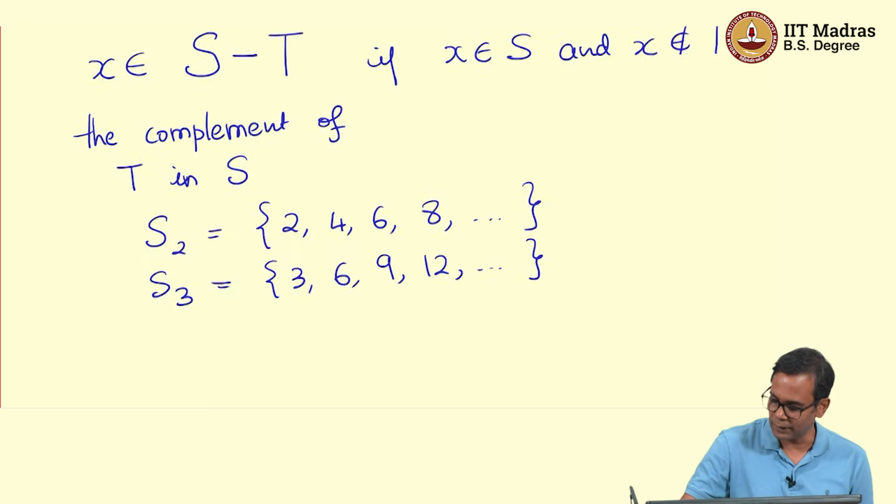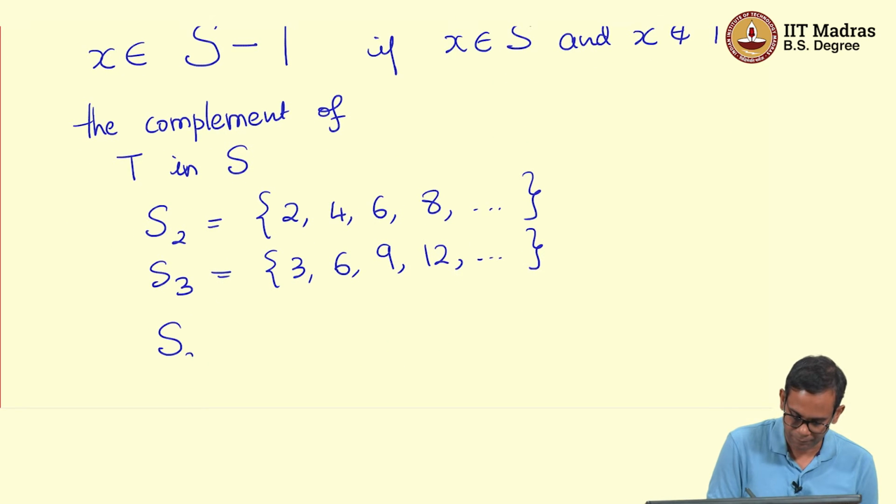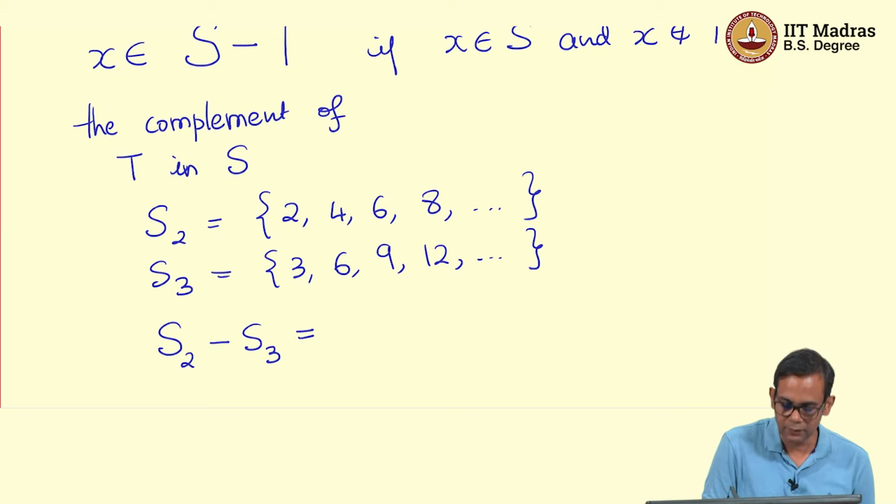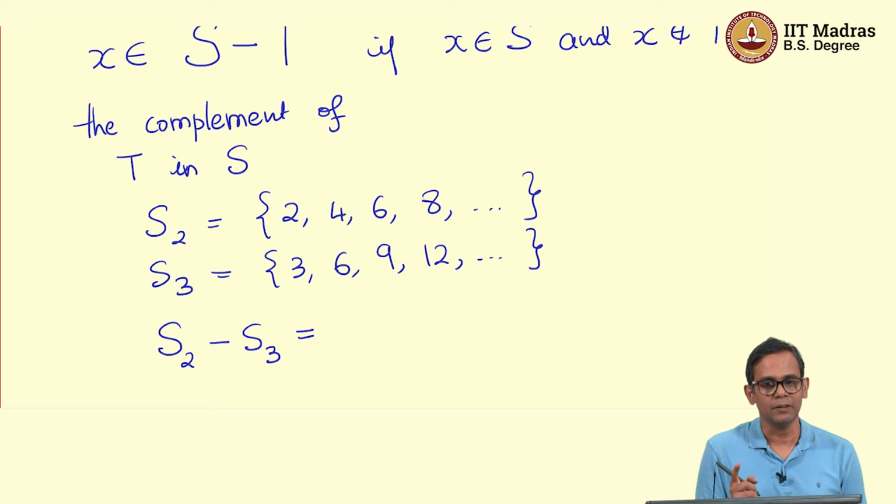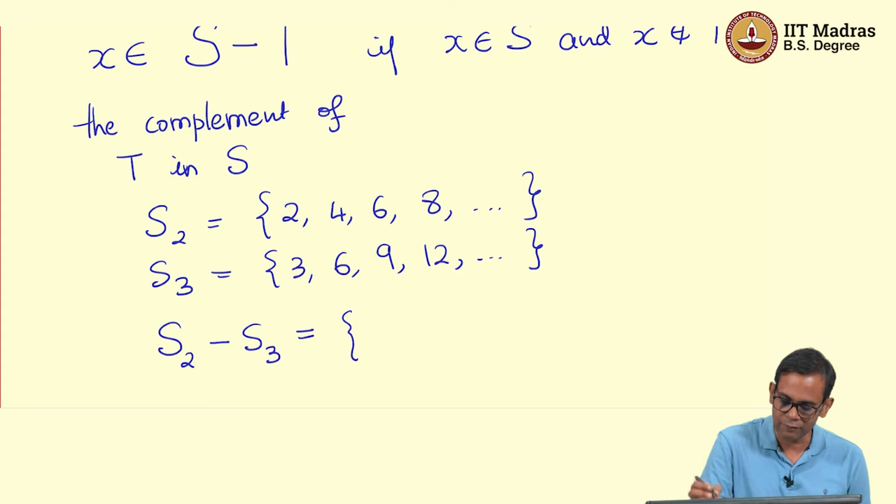What is S2 minus S3? We are asking for those numbers which are even, but are not multiples of 3. So, let us go down the even numbers and see which ones are multiples of 3, those we do not list. So, we get 2, 4, well 6 is a multiple of 3. So, 6 is not in S2 minus S3.